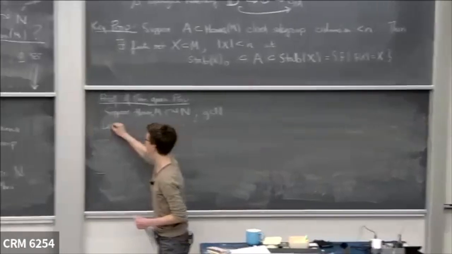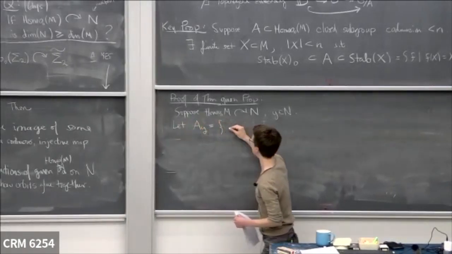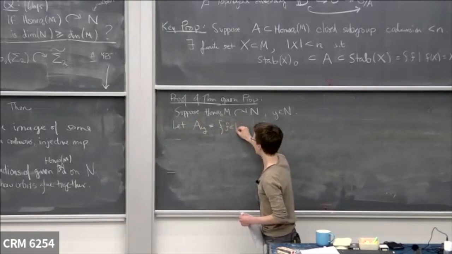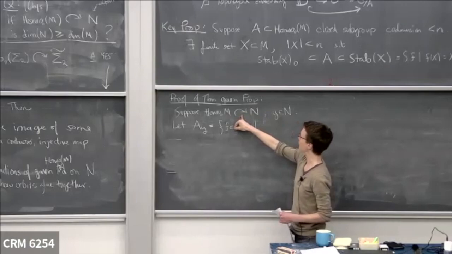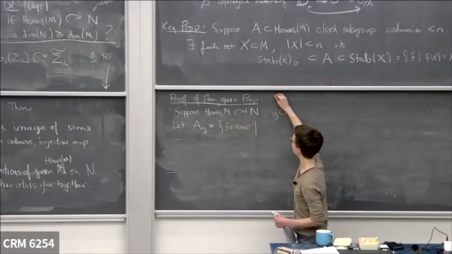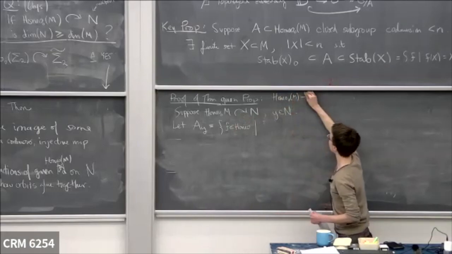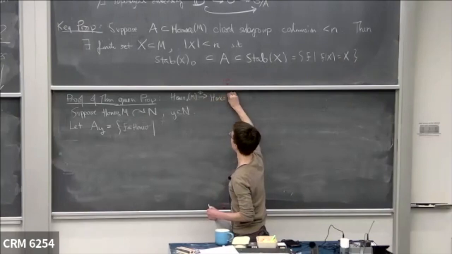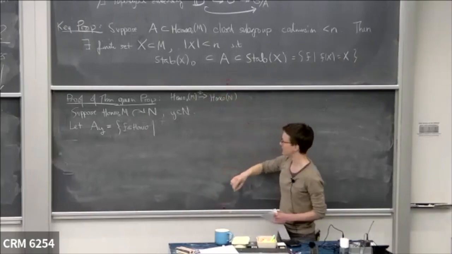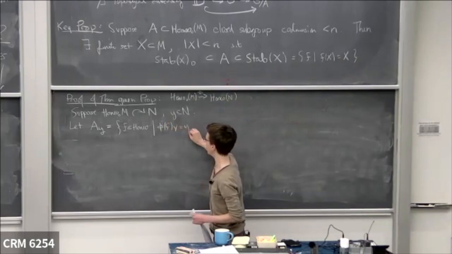Let A sub y be the set of f in Homeo such that, denoting the action by a homomorphism phi, like before, from Homeo of n to Homeo of the other manifold, phi f of y equals y.